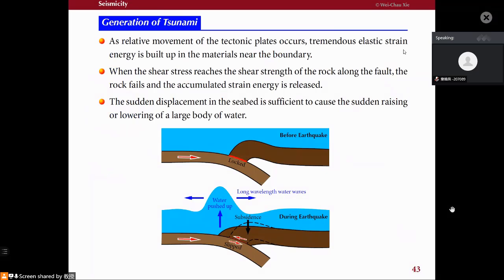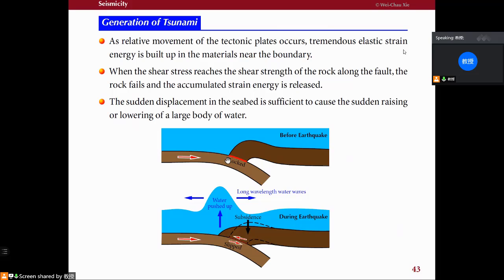Okay, now let's look at the generation of tsunami. Here we have two plates, this is the top plate, this is the bottom plate. And we have the convergent or subduction, so this plate goes underneath the top plate. As relative movement of the tectonic plates occurs, tremendous elastic strain energy is built up in the material near the boundary.